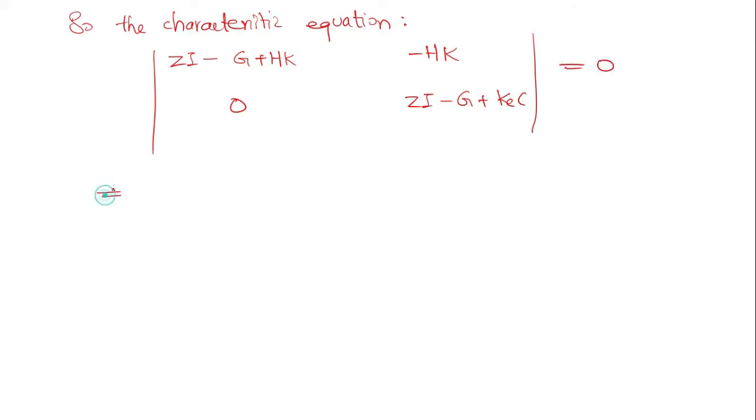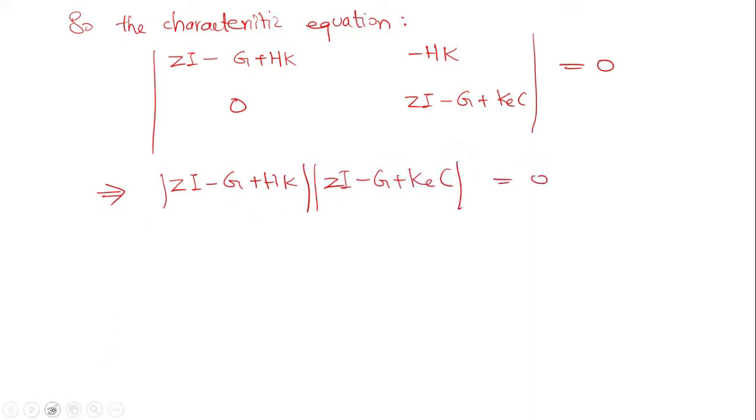When you simplify this, you will see that it is equal to the determinant of zI minus G plus HK, into the determinant of zI minus G plus KeC, equal to 0. So we see that the first one is the characteristic equation that determines the pole placement design, and the second one is the characteristic equation that determines the error dynamics of your observer.